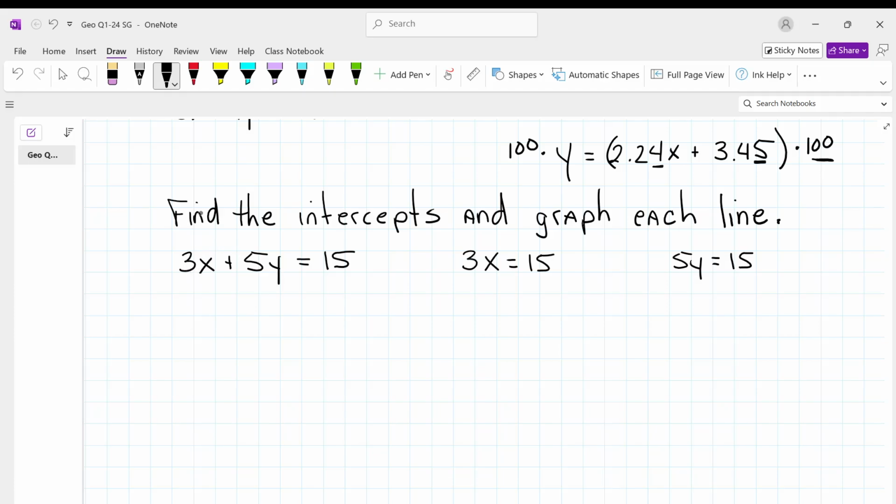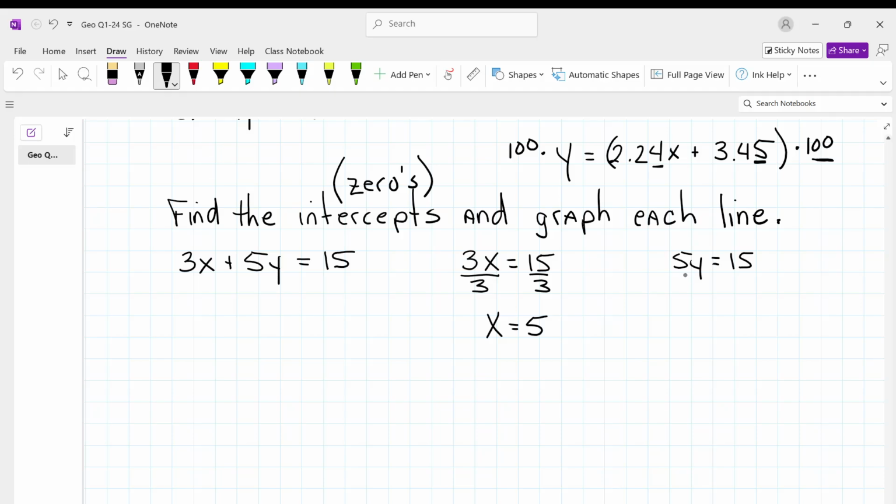All right, so we're finding intercepts, which are also known as zeros. We're finding the zeros of the equation. So if we go to this first equation, divide both sides by 3, we get an x that's equal to 5.